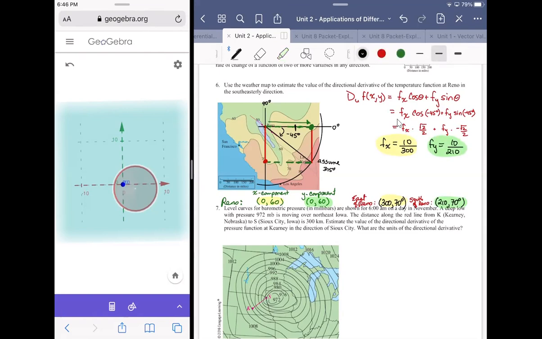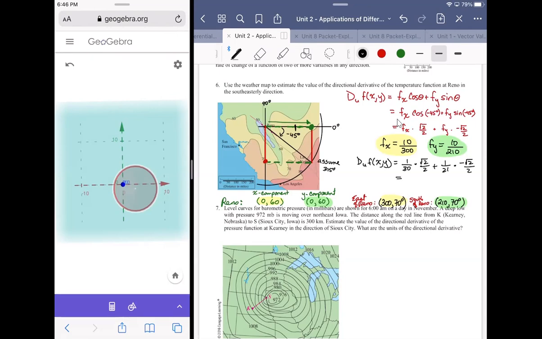Right? And so our directional derivative ends up being an approximation, 10 over 300, that we can simplify to 1 over 30. We're looking at 1 over 30 times radical 2 over 2, plus, and this one would be 1 over 21 times negative radical 2 over 2.